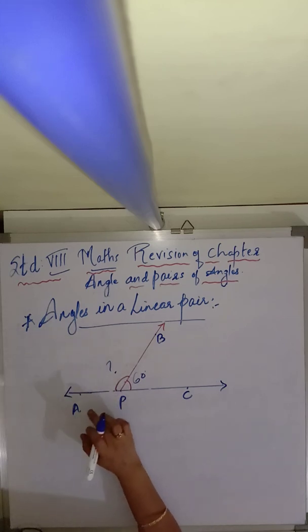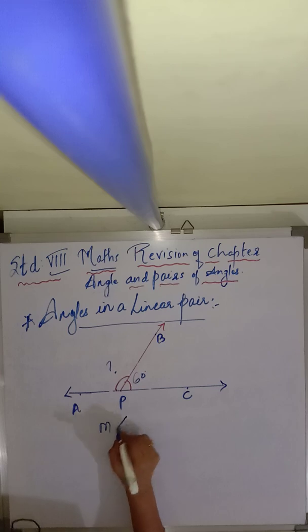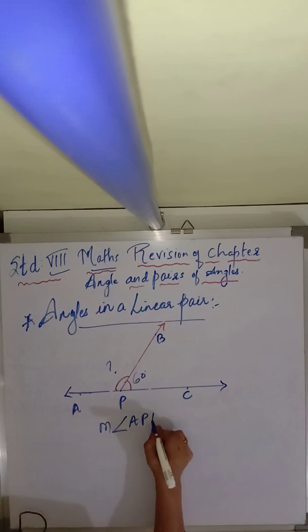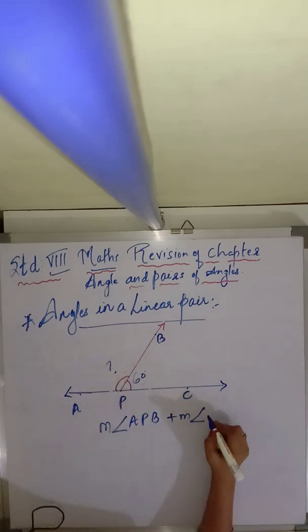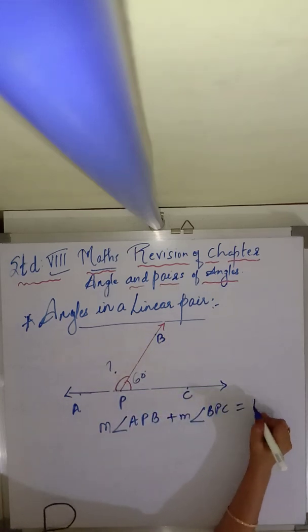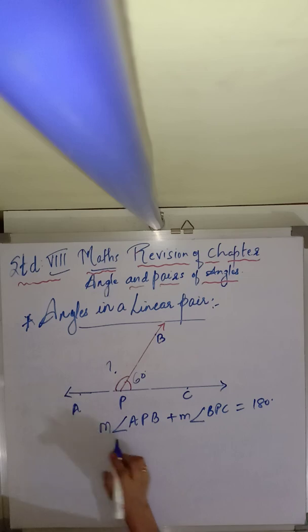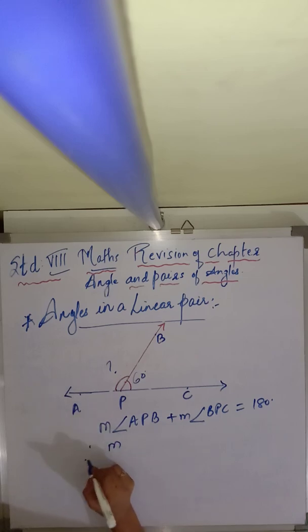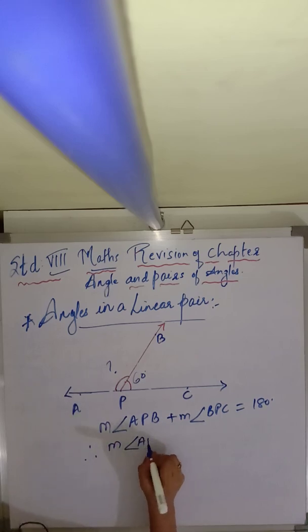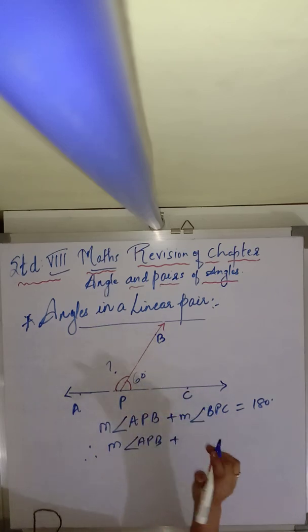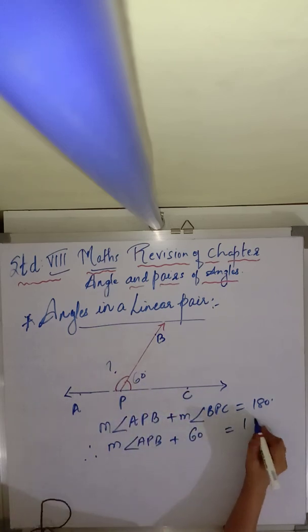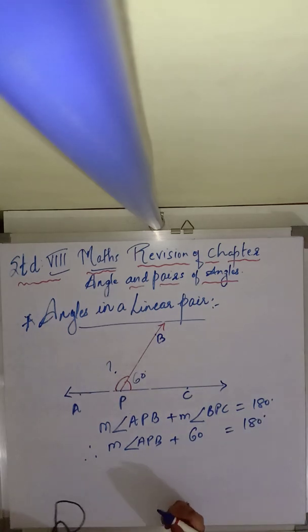You will write it this way: measure angle APB plus measure angle BPC equal to 180 degrees. Now, what is the measure of angle BPC? 60. So substitute the value.